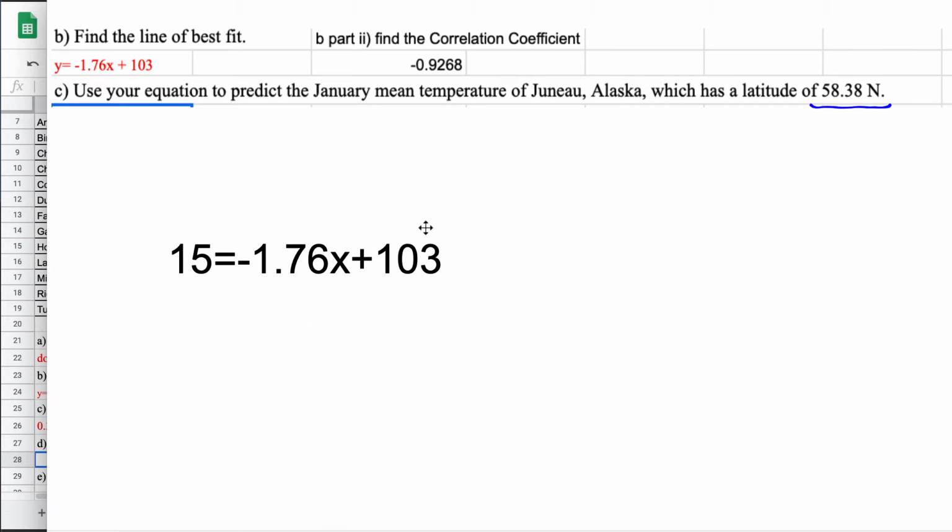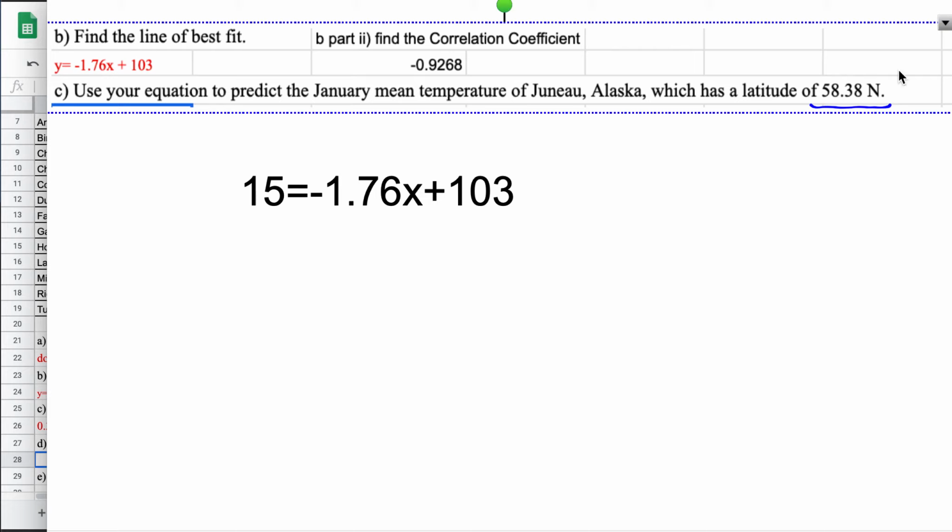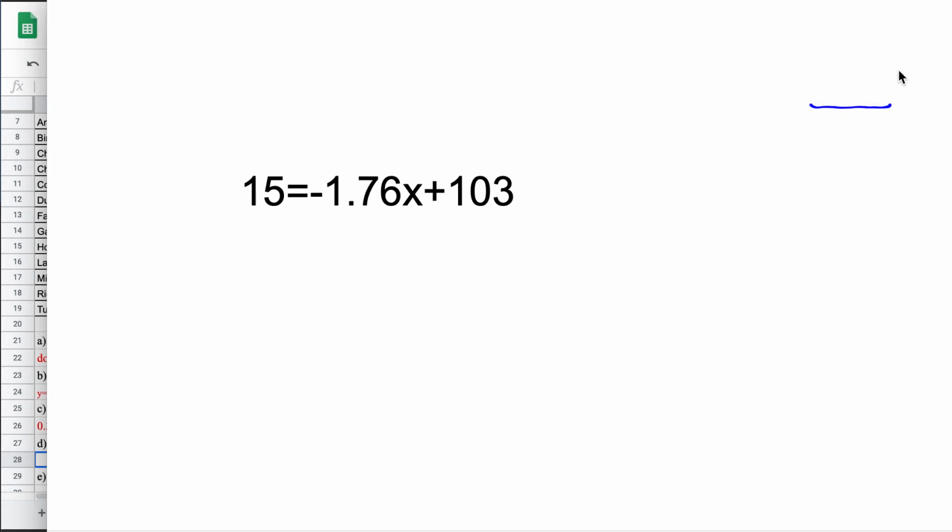Now we need to solve that to get x by itself to find the expected latitude, and that would be subtracting 103. 15 minus 103 is negative 88.